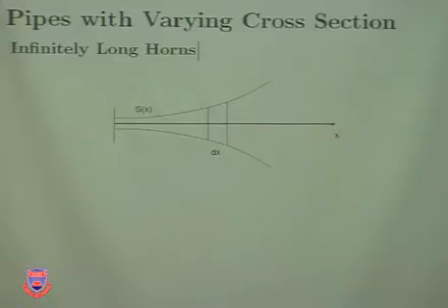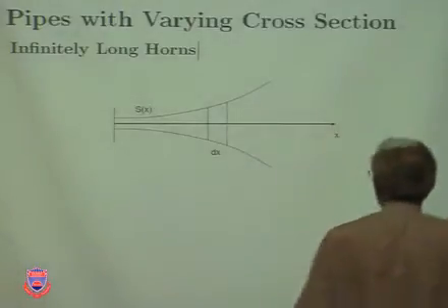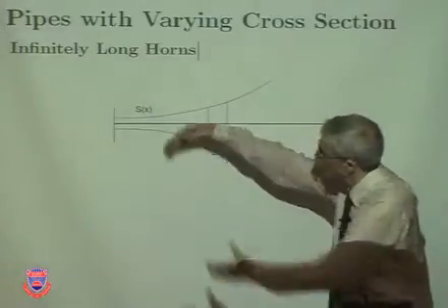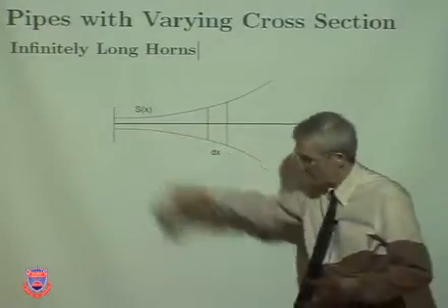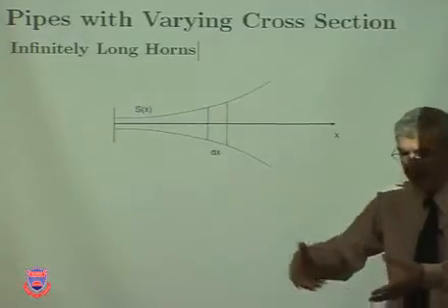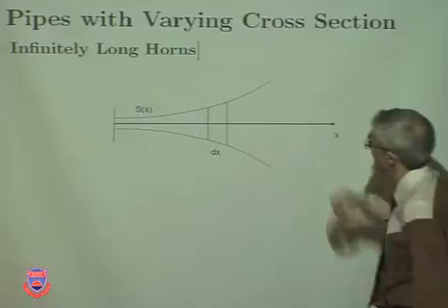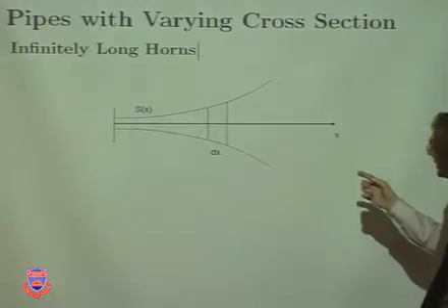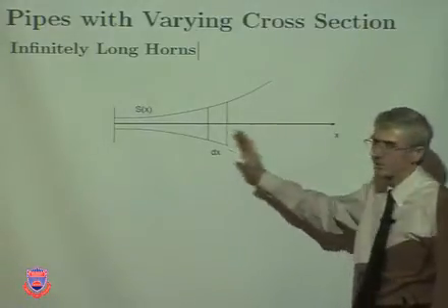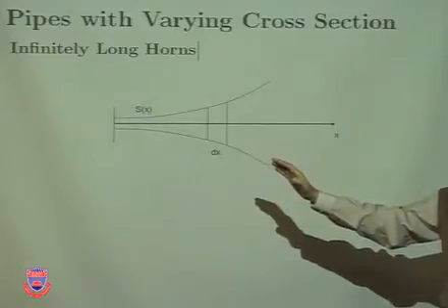What we're referring to here is a shape that comes out as a tube and then flares open. The purpose of this flaring open is that sound is not reflected back.